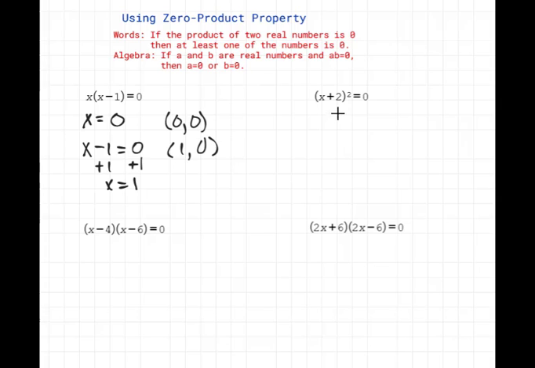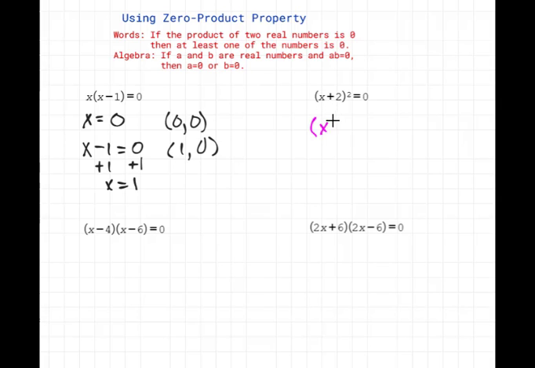Let's look at the second example. I have x plus 2 squared is equal to 0. We know when we have an expression in parentheses that we're going to square both numbers. So since that's going to be the same one, we only have to do 1.